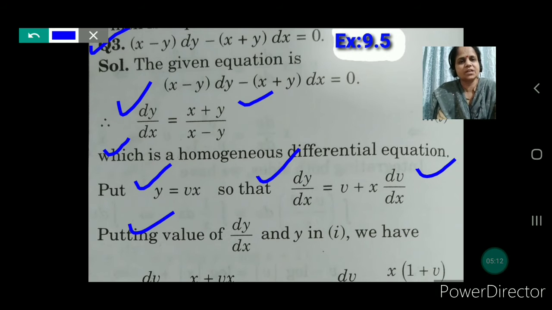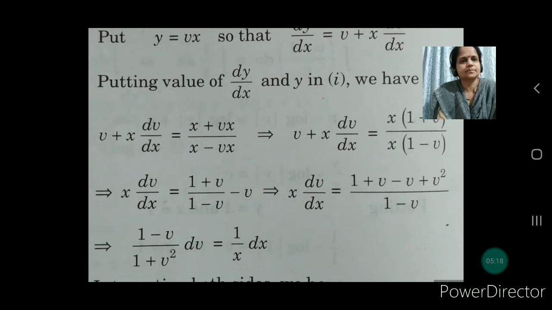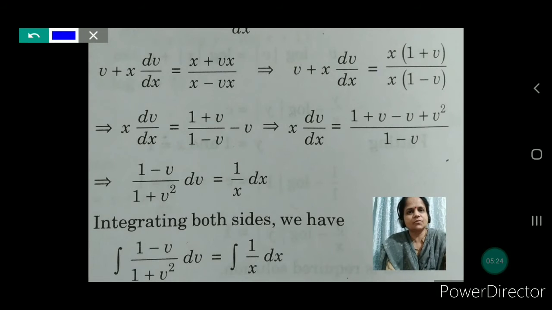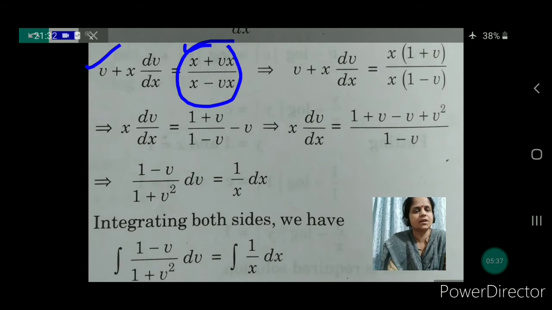Okay, now putting the values of dy upon dx and y in equation first. So you will get v plus x dv by dx is equal to x, write as it is, in place of y it is vx upon (x minus vx). Now student, x take common on RHS.